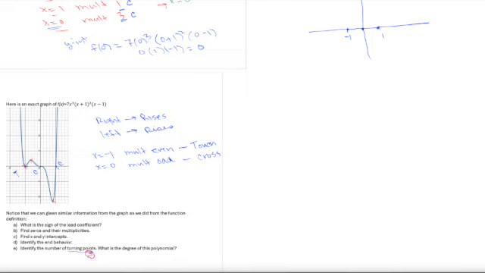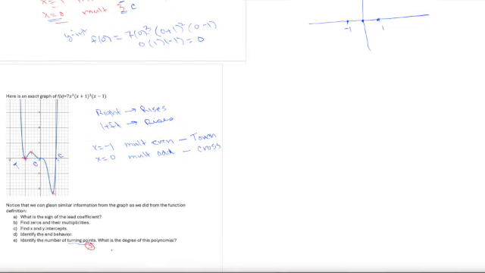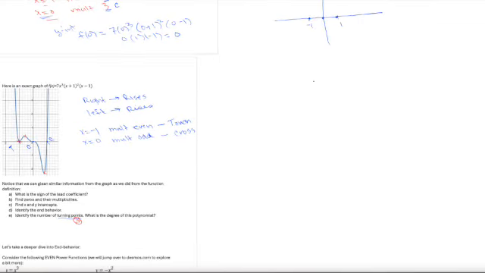turning points. And what that does is it implies what the degree of the polynomial can be. The degree of the polynomial will be at least the number of turning points plus 1.